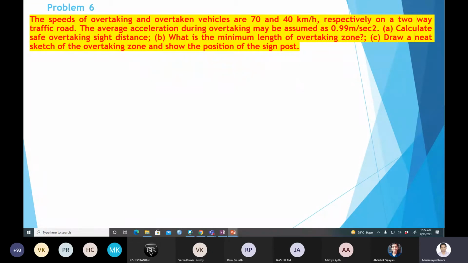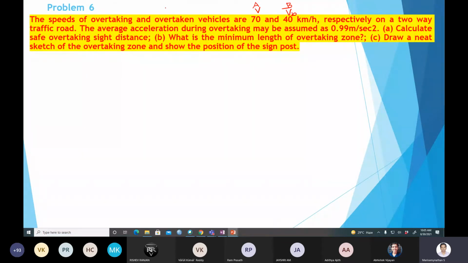The speed of the overtaking and the overtaken vehicle: the overtaking vehicle is nothing but A, and the overtaken vehicle is given as 40 kilometer per hour. So you know what the V value and the VB value will be, as they have been given respectively, on a two-way traffic road.